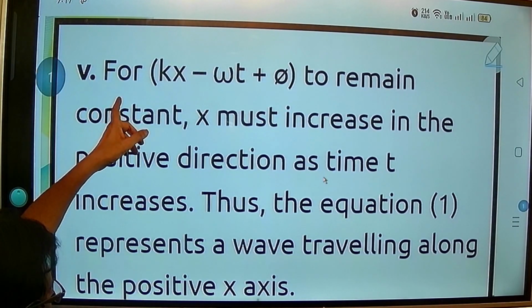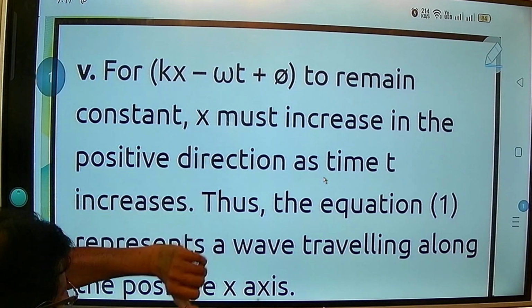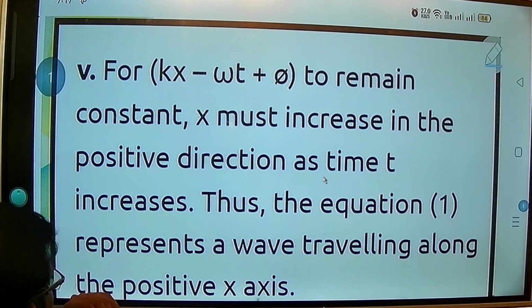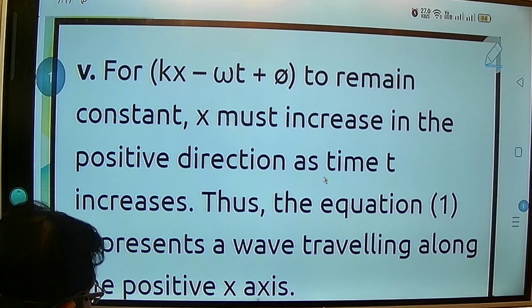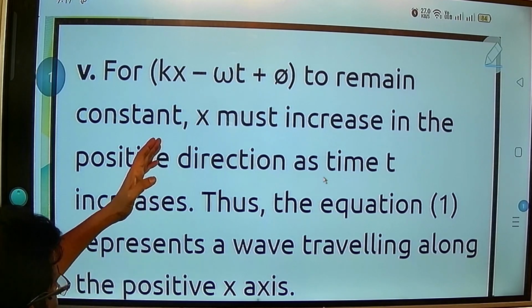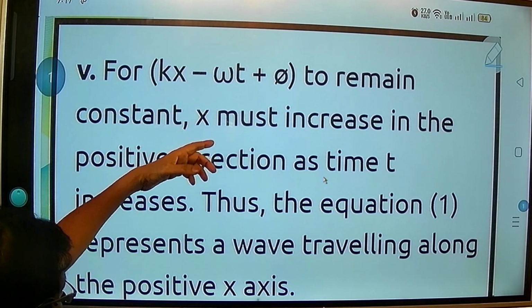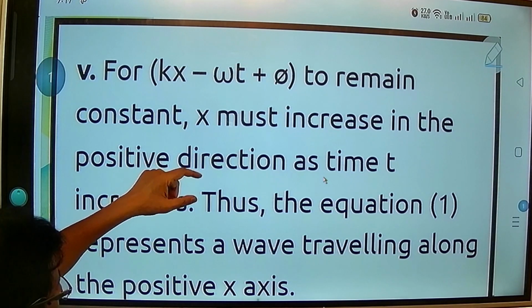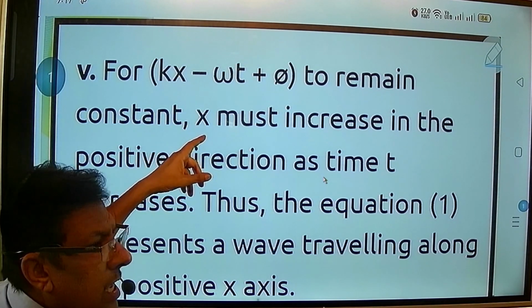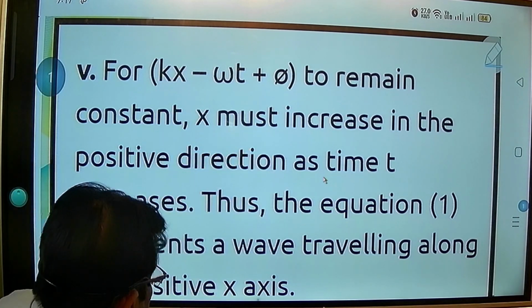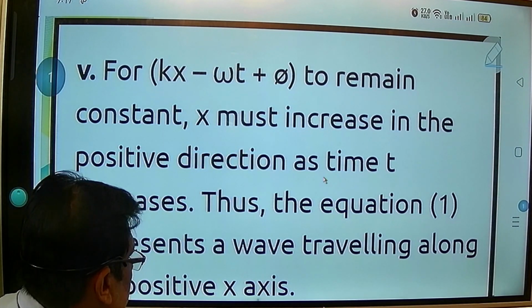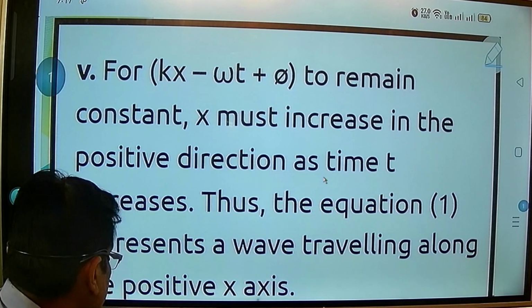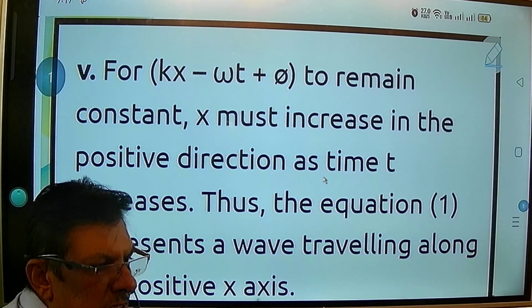Next point: for kx minus omega t plus phi to remain constant, x must increase in the positive direction as time t increases. When we want to keep this term constant, x must increase, meaning the wave should travel along the x-axis as time increases.